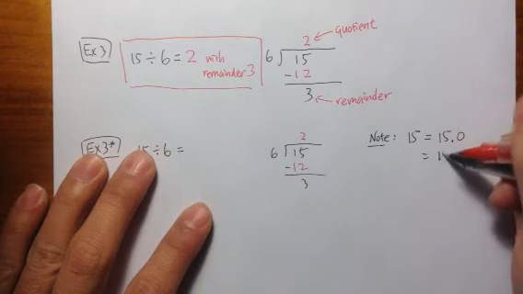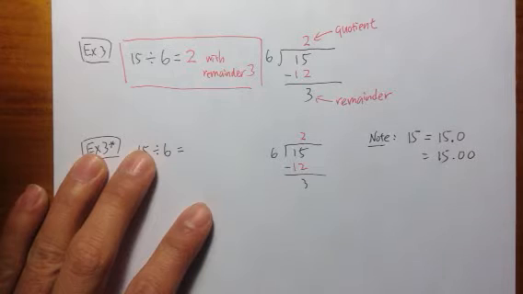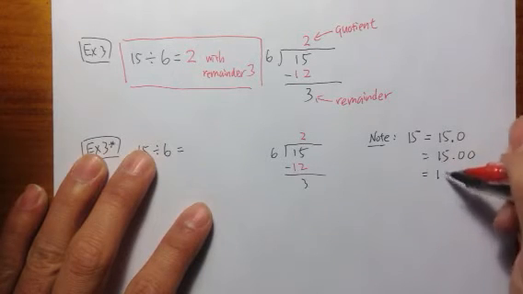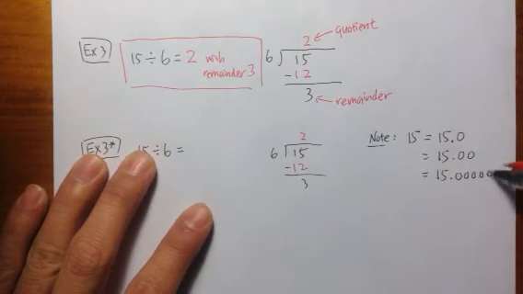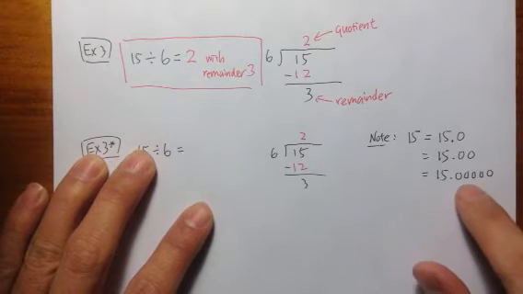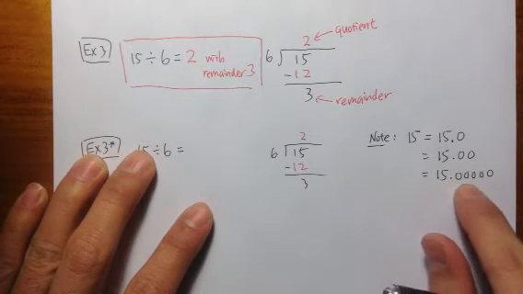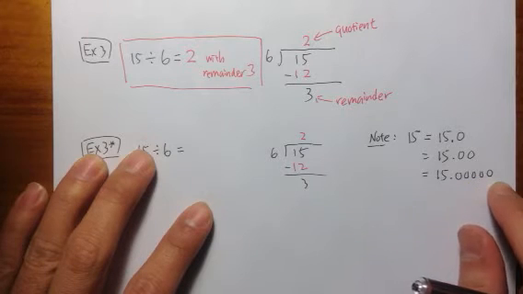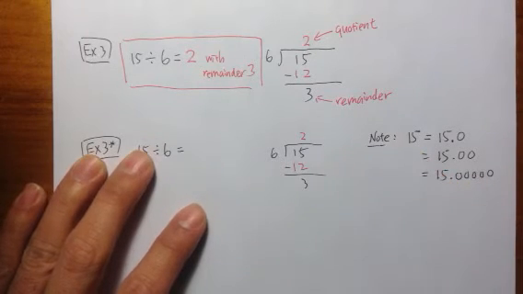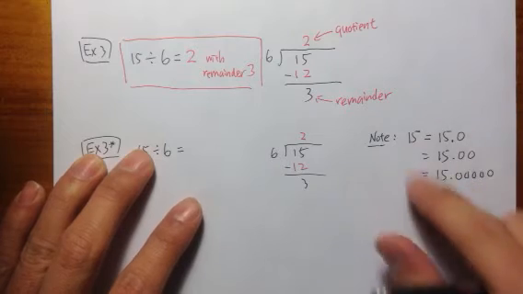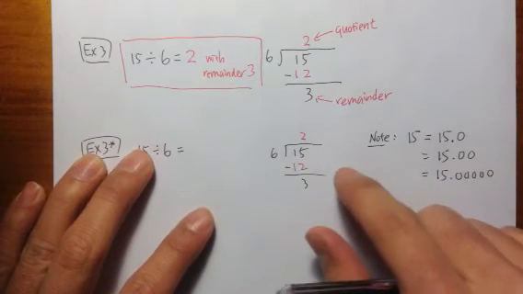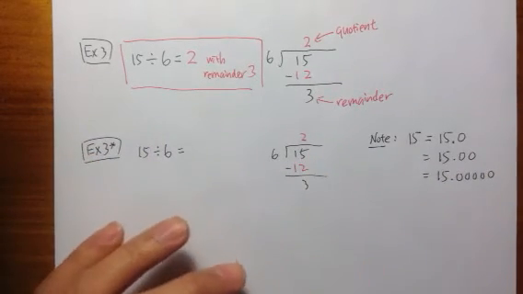Or you can also write this as 15.00. This is also equal to 15.00000. It doesn't matter how many zeros you add after the decimal point. It's the same as just 15. We are going to use this idea here to help us continue working out this question.